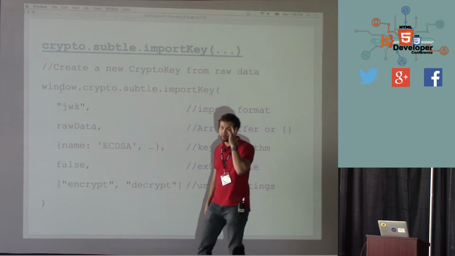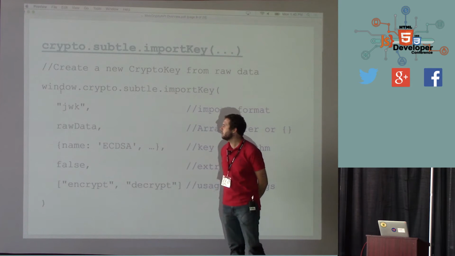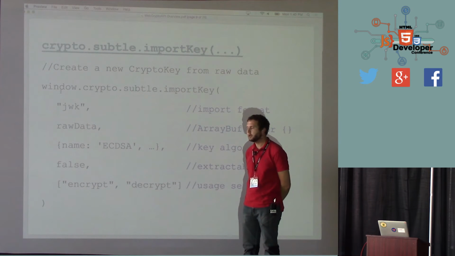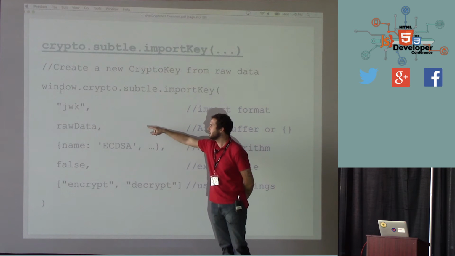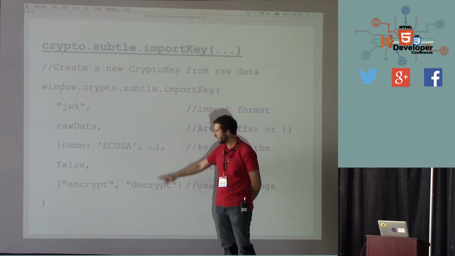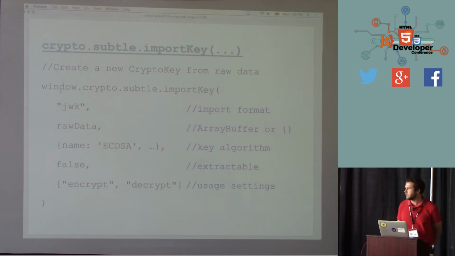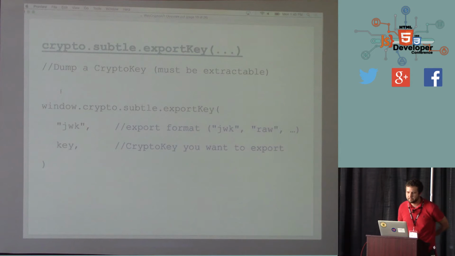The raw data itself, so that is the key that is incoming, the algorithm that you want that key to be, and so this is basically kind of a copy if it's a JSON Web Key. Whether or not you want the key to be extractable and how you want the key to be used. So pretty similar to generate key.